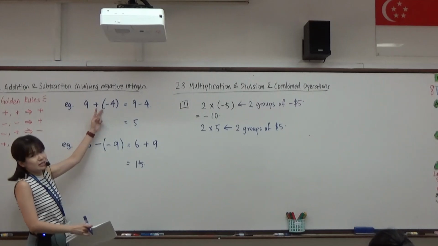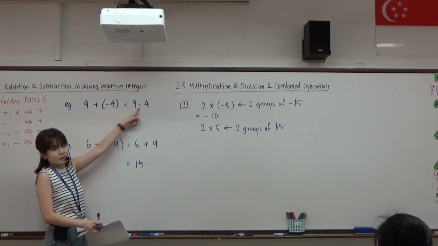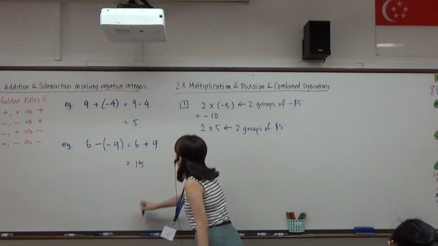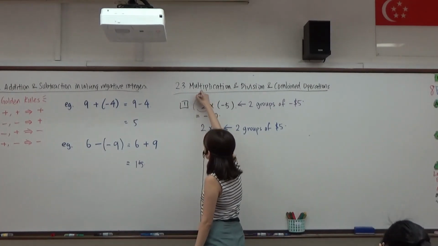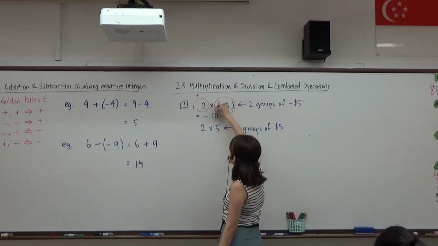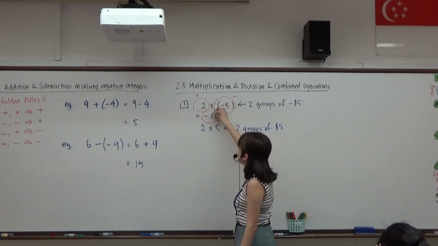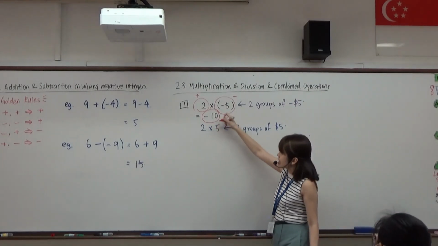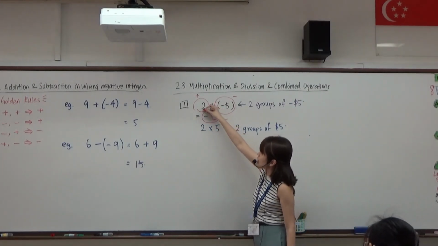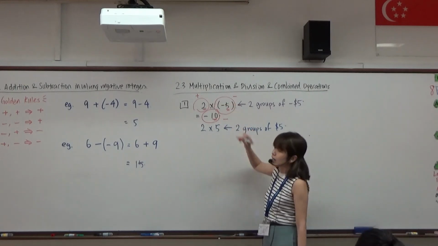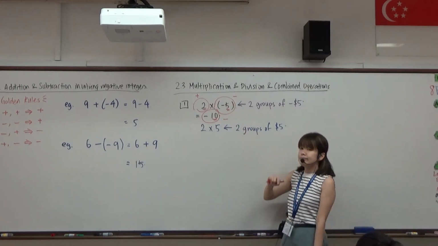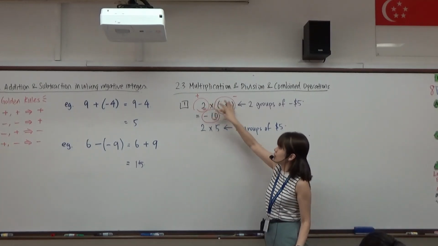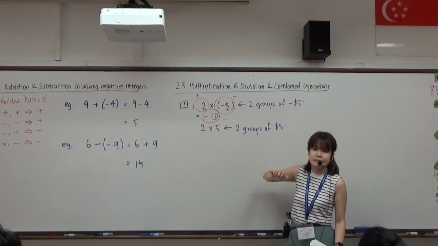For addition and subtraction, the signs must be side by side, then I change. But when it comes to multiplication and division, we're looking at the overall number itself. This is positive, this is negative, so my final answer will have to be negative. The value 10 is just from 2 times 5. The sign is determined by plus and minus giving us minus.